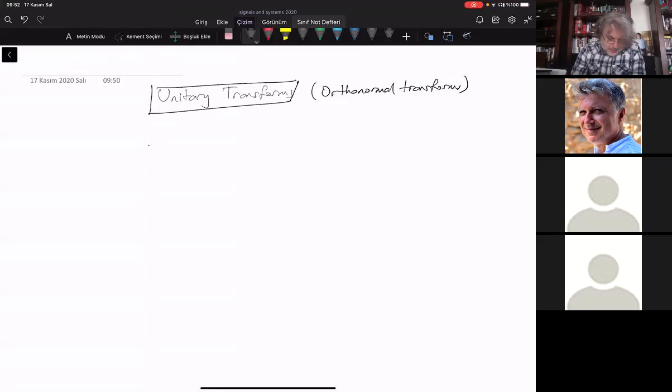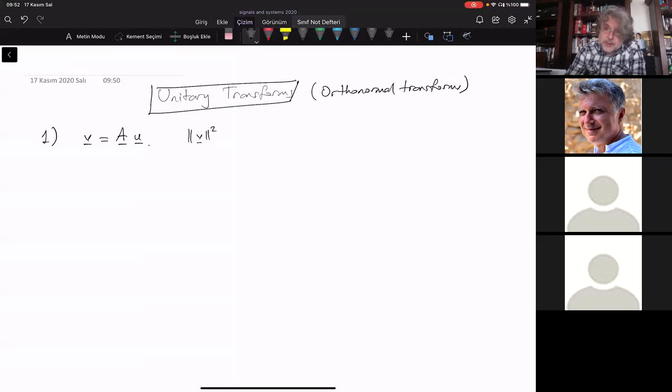So, what are the properties of unitary transforms or orthogonal or orthonormal transforms? The first one is this: if A is an orthonormal transform or a unitary matrix, and U and V are vectors, U is the input vector, V is the transform output. You can think of it like that. It preserves energy.